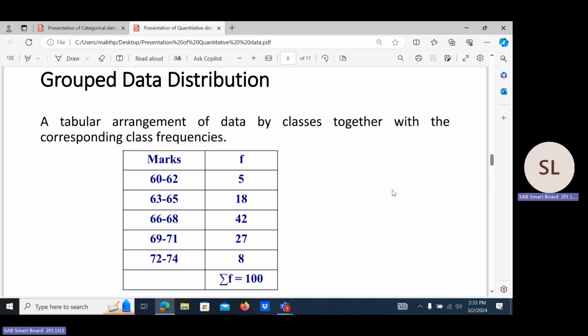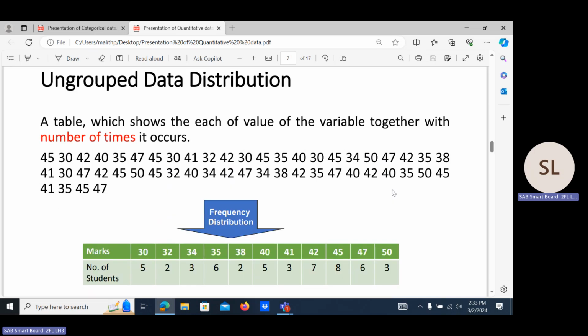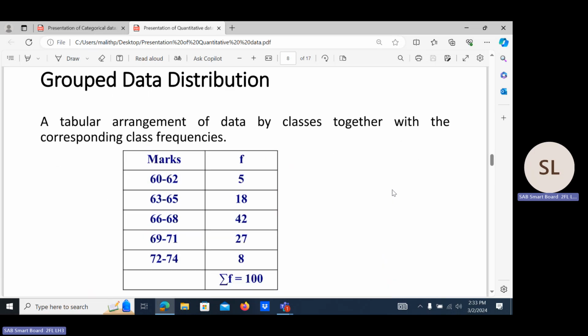Then we move to the grouped data distribution. We have the ungrouped data distribution, and we summarize it further using the grouped data distribution. We identify the class intervals.